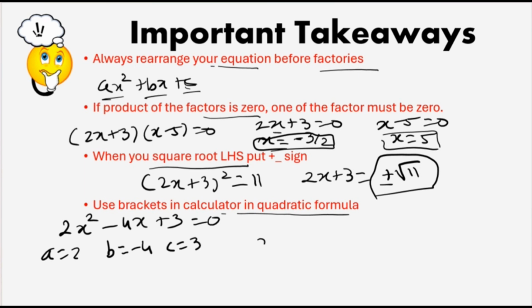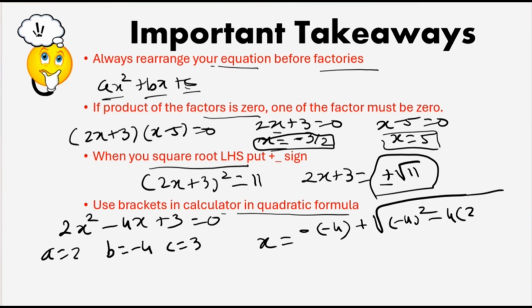To find the value of x: minus b, so always put minus, bracket minus 4, in the calculator, plus square root of minus 4 squared minus 4ac, over 2a. If you do not put brackets here and here, your answer will be completely different. So when you put this in a calculator, always use brackets to substitute values.